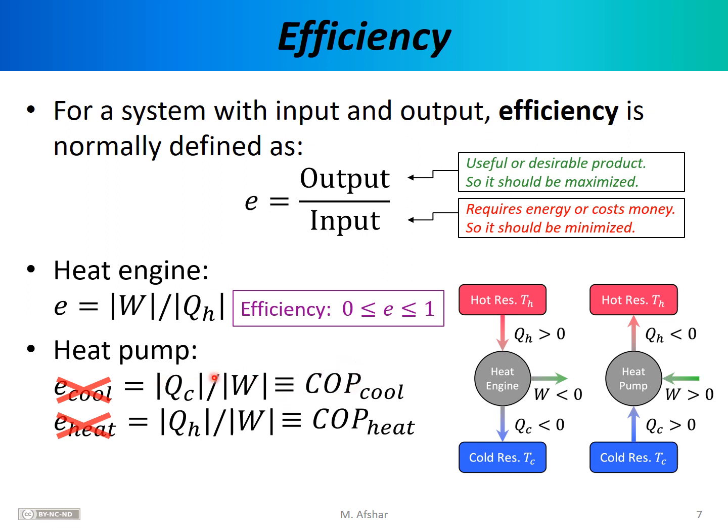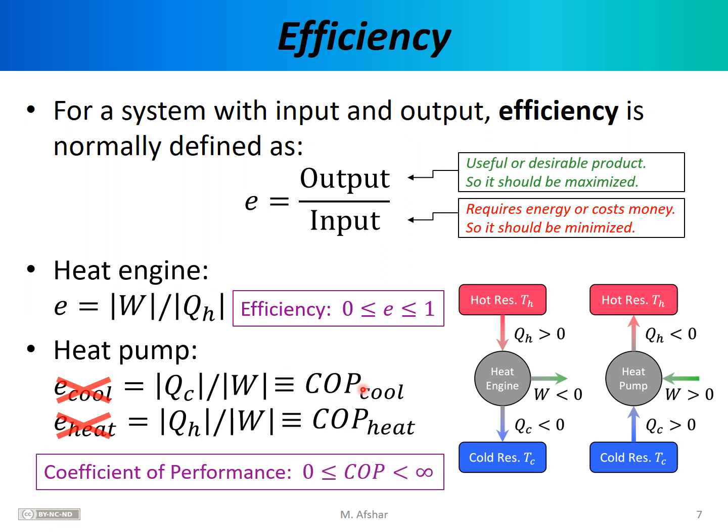So these ratios still characterize the performance or the quality of the heat pump, but because these numbers can be bigger than 1, they are simply not referred to as efficiency, they are referred to as coefficients of performance or COP. The coefficient of performance is a number between 0 and infinity. The higher the COP is, the better the heat pump is.